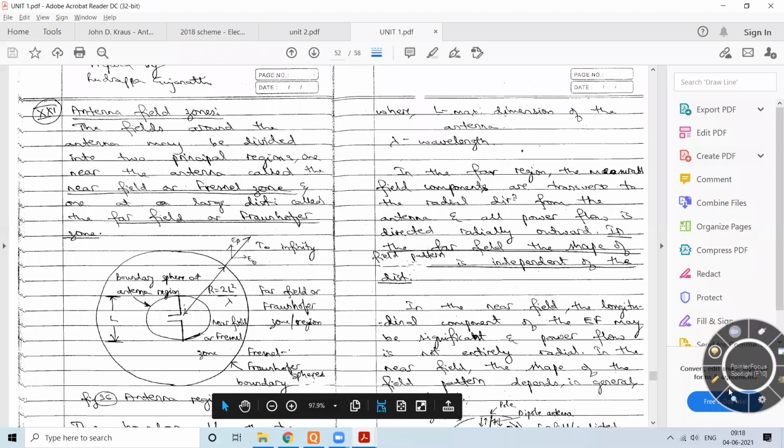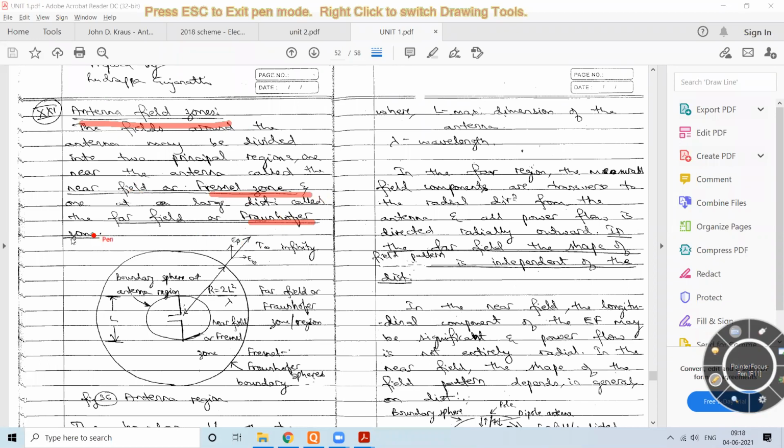In this case, we had observed the field zones, that is the Fresnel zone and the Fraunhofer zone, called the near field and the far field respectively.